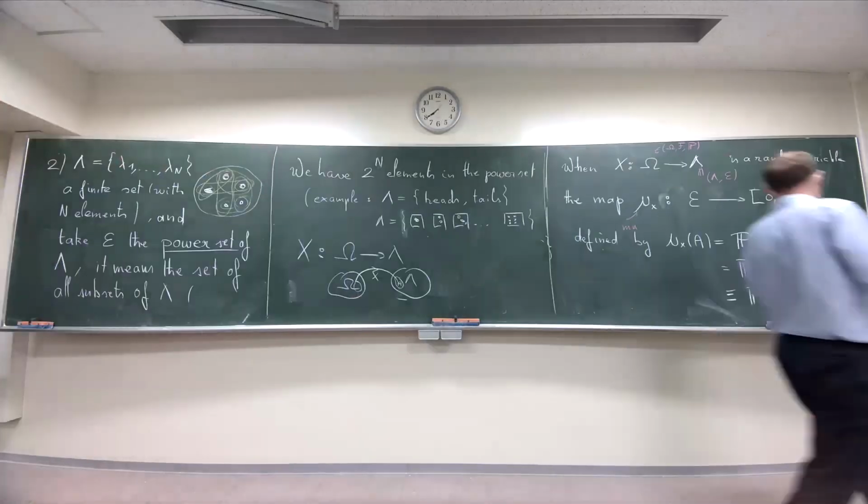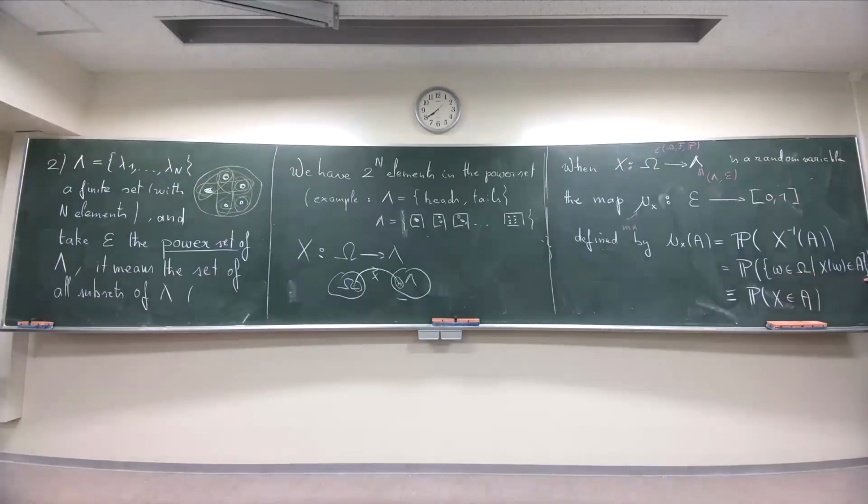But it's well defined because as we have seen, this element belongs to F, and P takes the size of any element of F and gives a number between 0 and 1. So we can define it.